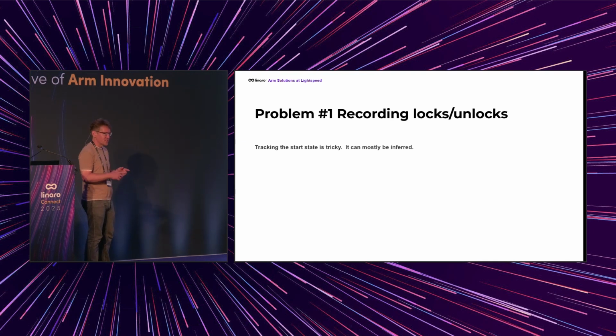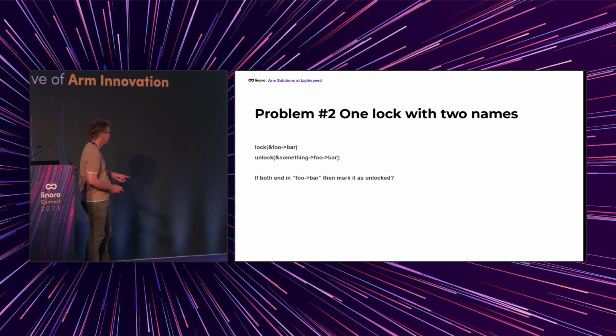But sometimes there are functions where you pass a parameter and then it's like, oh, we're holding the lock, or we're not holding the lock. It's a little bit trickier than you might assume. And then it's especially tricky because sometimes people will lock it with one variable and then unlock it with a different thing, but it's actually the same variable.